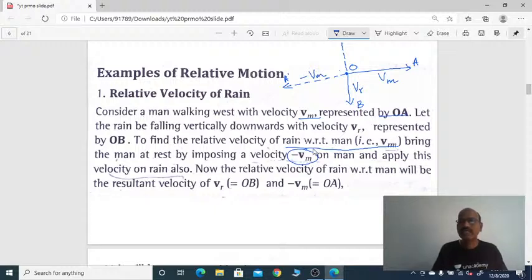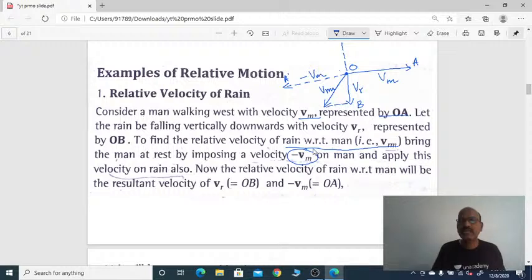Now see, the velocity of rain is OB, and the velocity of man is in this direction. The relative velocity will be this, the relative velocity of rain with respect to man.